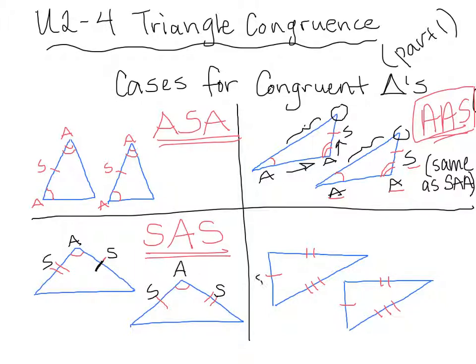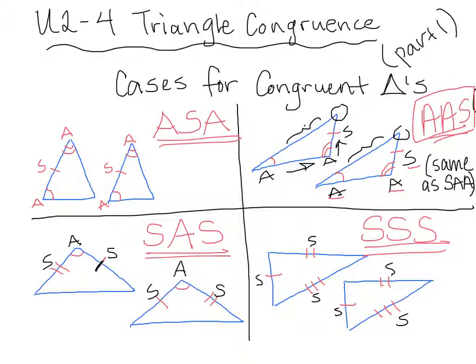So it's side, side, side, congruent to side, side, side. These two triangles have to be identical. There is no way to connect those three congruent sides with different angles with each other, and so they have to be the same triangle. And so we just call this the side, side, side case.